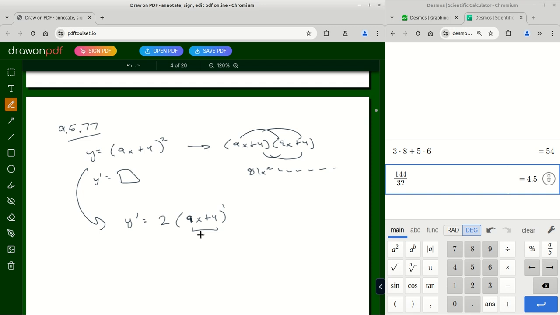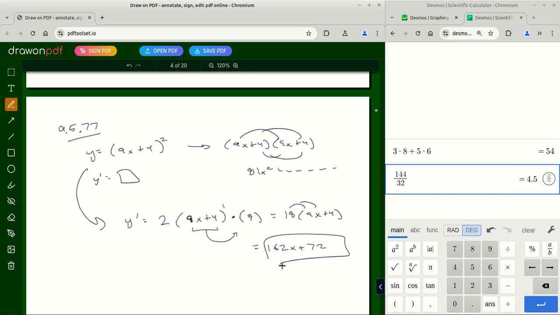There's stuff going on. So then I need to multiply by the derivative of that stuff on the inside. That's just going to be a 9. And so then I'm going to push these two things to the front as an 18. I guess you could distribute if you like: 162 plus 72. And there you go.